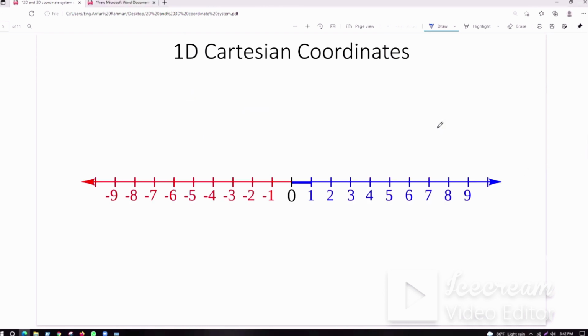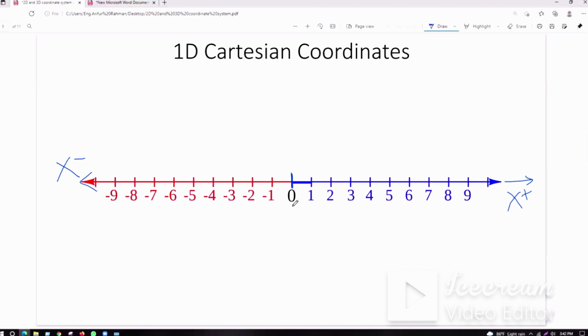Now let's discuss first one-dimensional Cartesian coordinates. In this system, we have just a single axis, single dimension. That's the x-axis, you can see. That's the positive direction of x-axis, you can say x plus, and that's the negative direction of x-axis, you can say x minus.